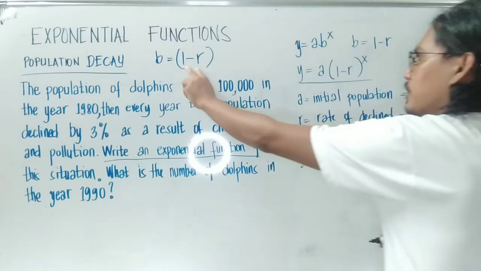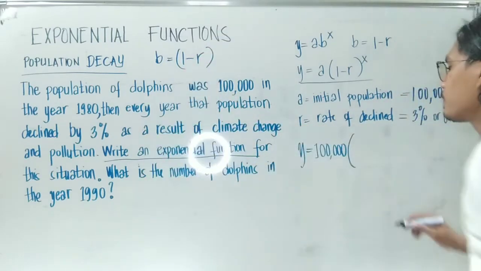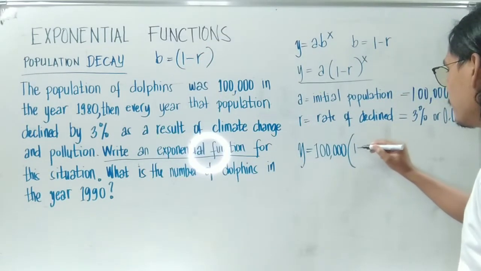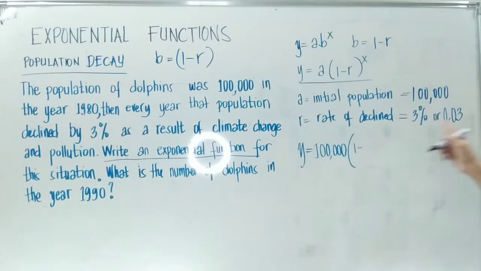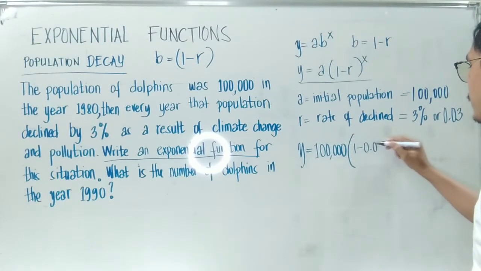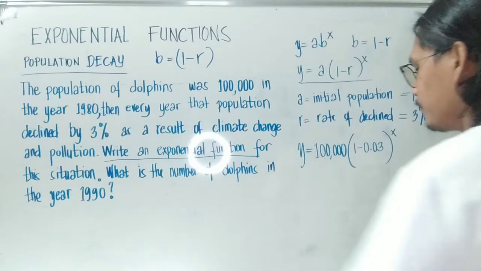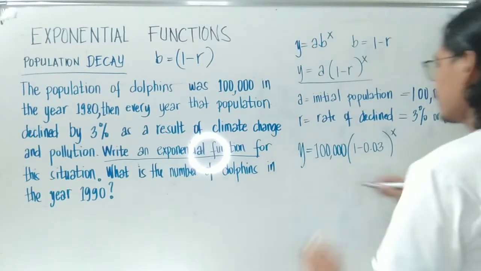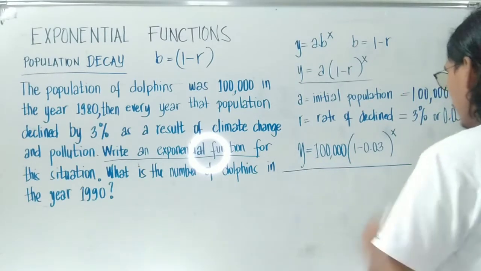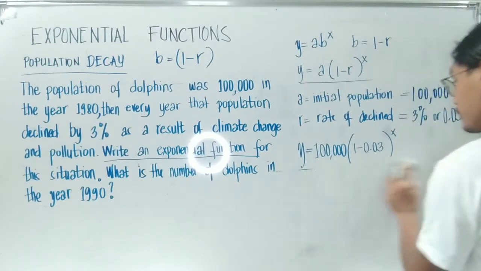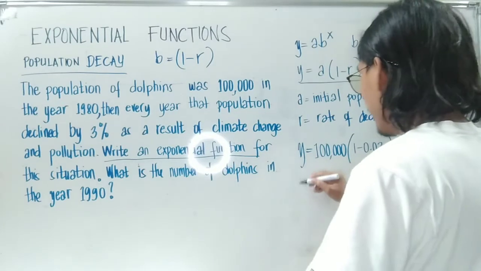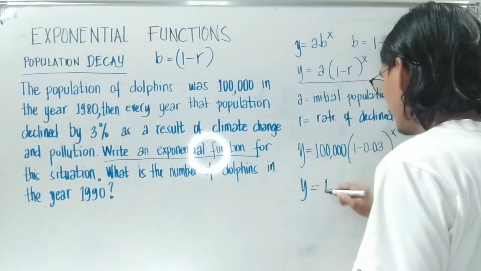The growth factor is decreasing in trend, so we have 1 minus r, which is 1 minus 0.03, raised to your exponent x. Okay, simplifying, we have this function: 100,000.